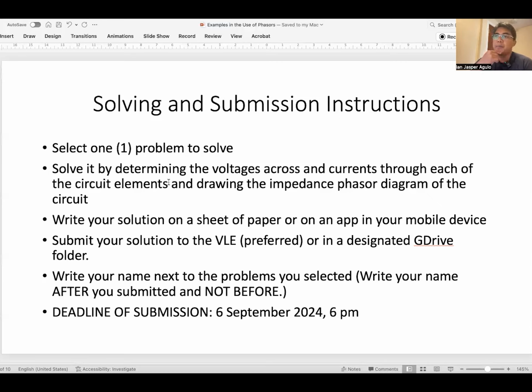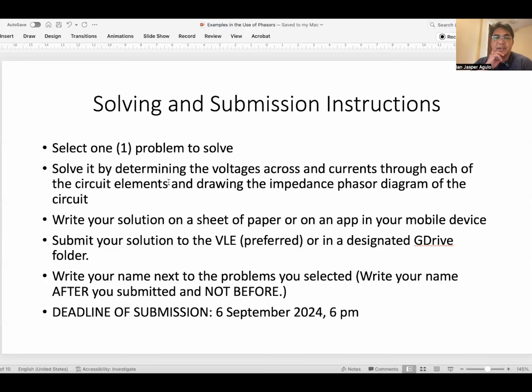Kung maghahanap kayo ng graphing paper, magpaalam lang kayo sa office, and dun sa drawer ko, dun sa wooden table, sa drawer na yon, merong mga graphing paper dun. So just get one. Feel free to just get one sheet of graphing paper para ma-plot nyo ng maayos yung impedance phasor diagram ninyo.